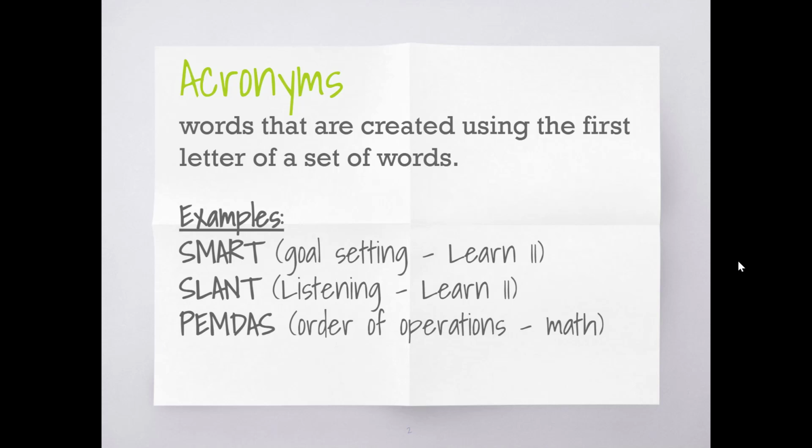You may have also heard of the acronym PEMDAS, which is the order of operations for math, right? Can you recite these phrases from each of these different types of classes? Do you know what SMART stands for? Do you know what SLANT stands for? Do you know what PEMDAS stands for? Maybe it's been a while since you have reviewed PEMDAS, or maybe it's second nature to you. But we use acronyms all the time.